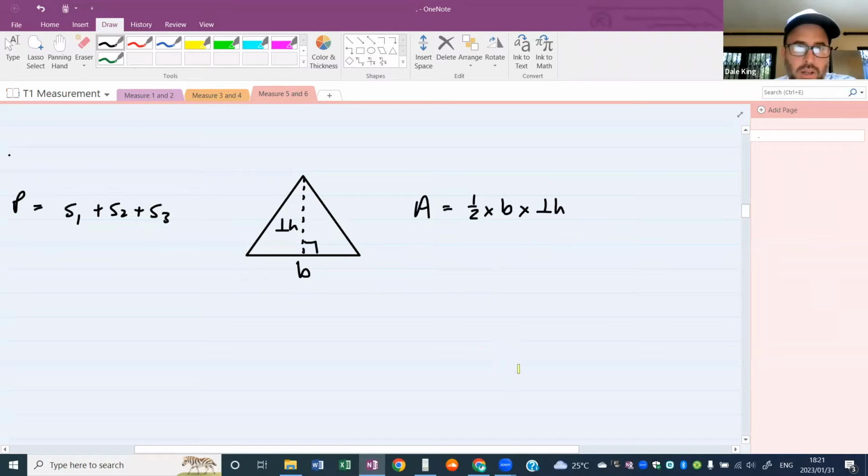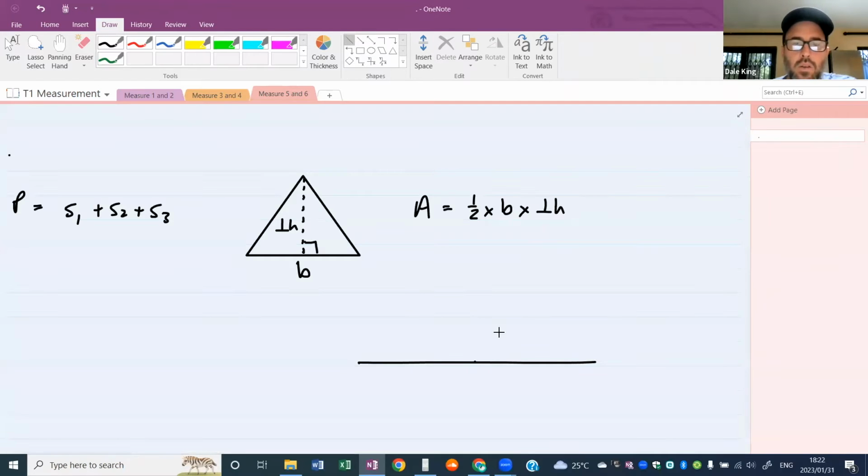Now, what do I mean by perpendicular? If you have a line and you put another line on it that's perpendicular, you have to draw a line up exactly at 90 degrees from that line there.